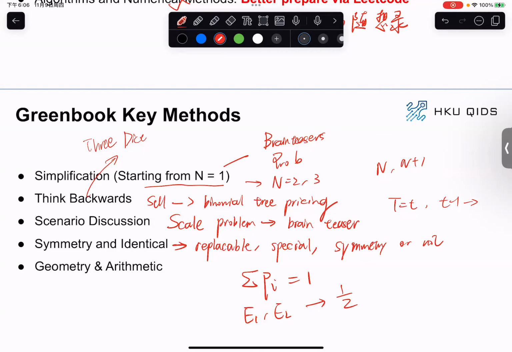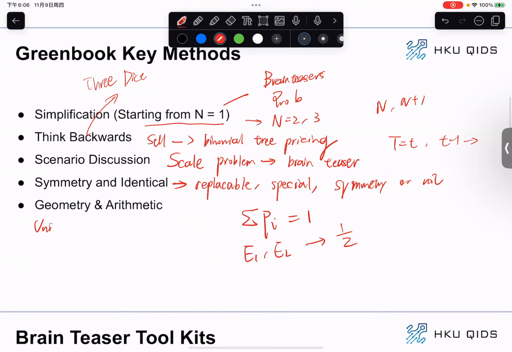Last but not least, especially for uniform distribution problems, which I'm also going to talk about in more detail in certain chapters, sometimes converting a schematic problem back into geometry could be quite a good way to solve it.